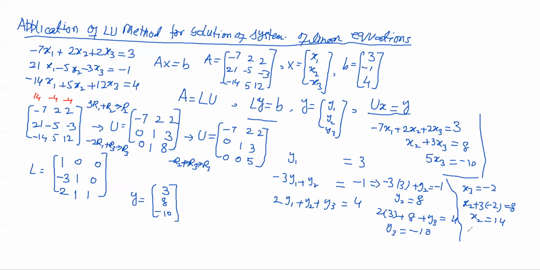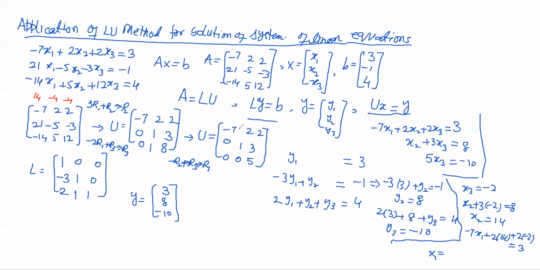And then from the first equation, -7x1 plus 2 into 14 plus 2 into -2 is equal to 3. So from here we find x1: 28 minus 4 is 24. Minus 24 plus 3 is minus 21.